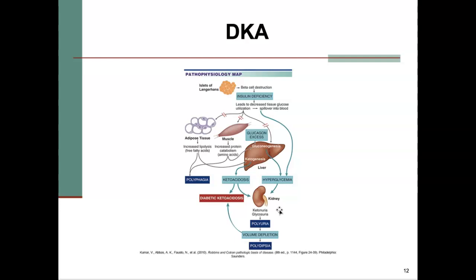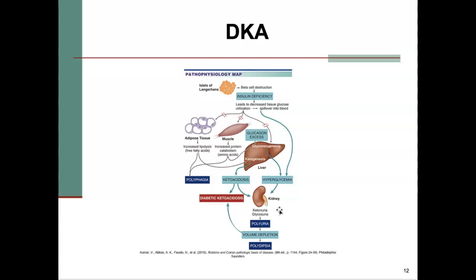Remember I spoke in the previous class about serum osmolality? And so as a result of all these processes, the blood glucose levels are highly elevated. And so what you get is this increased serum osmolality with high amounts of glucose in the urine, and it leads to osmotic diuresis.